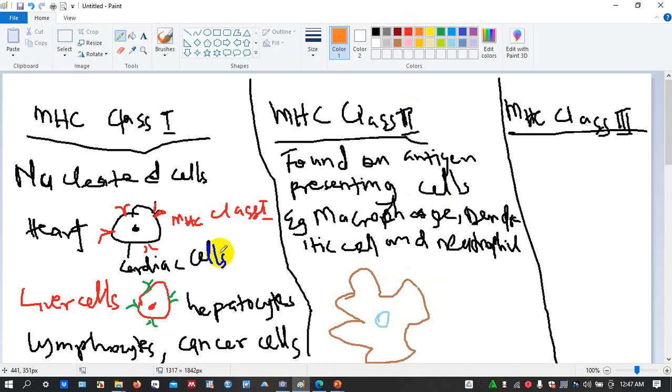MHC class 2, the first one we did is class 1, so this one, class 2, is found on the surfaces of all antigen presenting cells, like the dendritic cell and the macrophage. So this is MHC class 2.